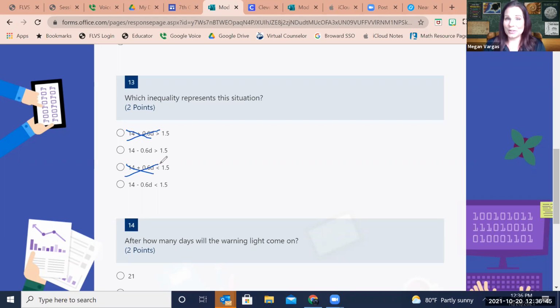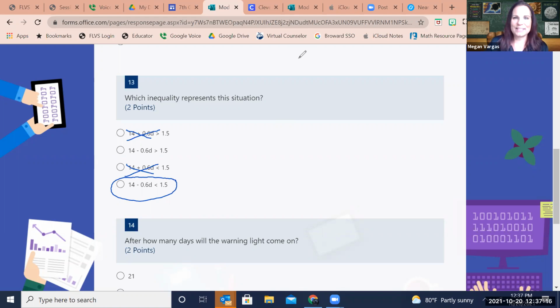The light comes on when we have 1.5 or less in the tank. Like if we had 1 gallon, the light would be on. If we had 1.2 gallons, the light would be on. So when this number is less than 1.5, the light's going to come on. Right? Are we good with that?